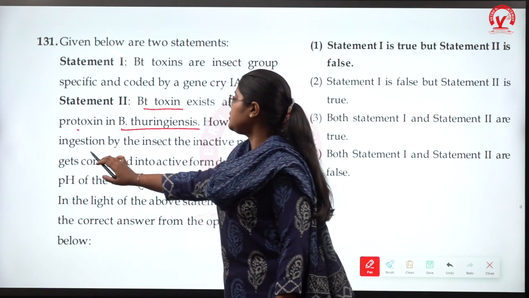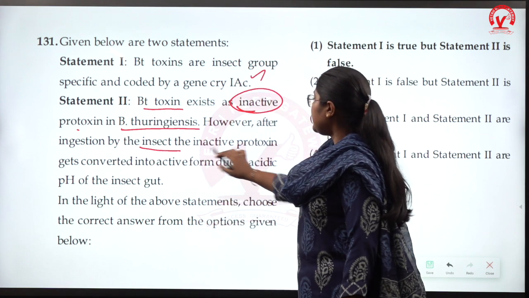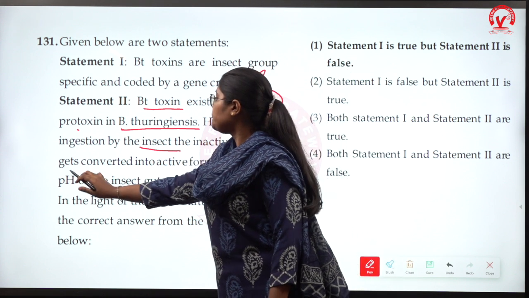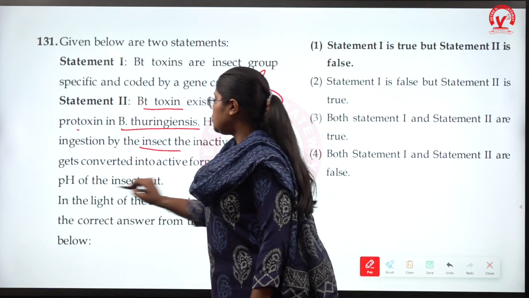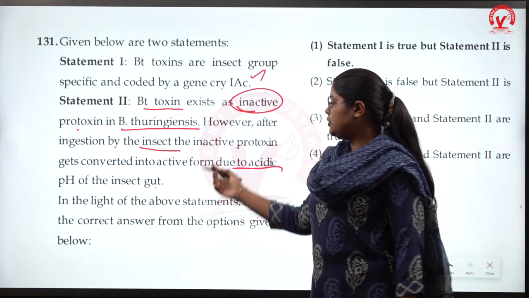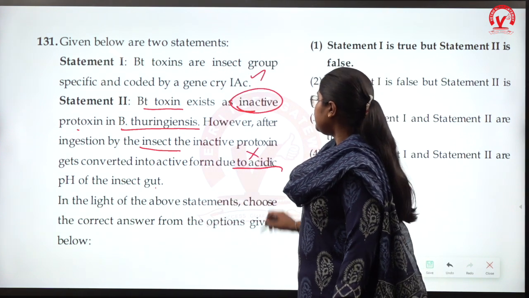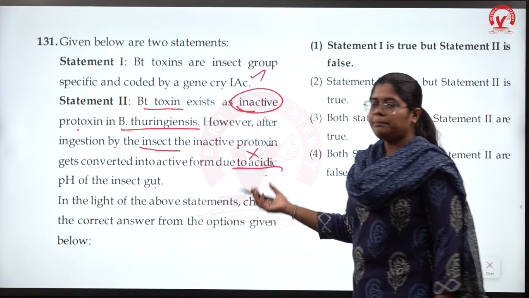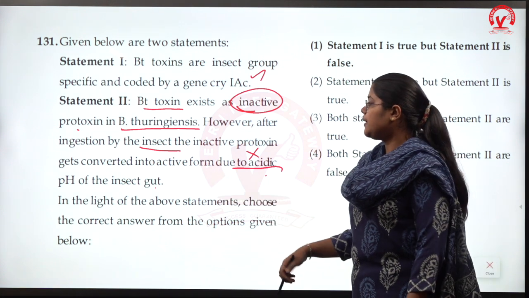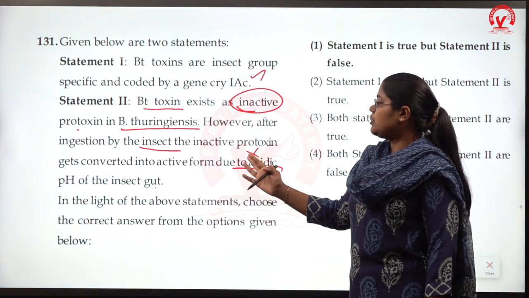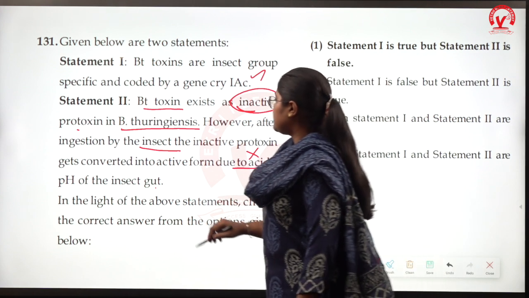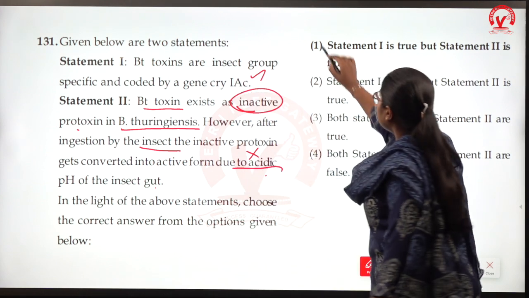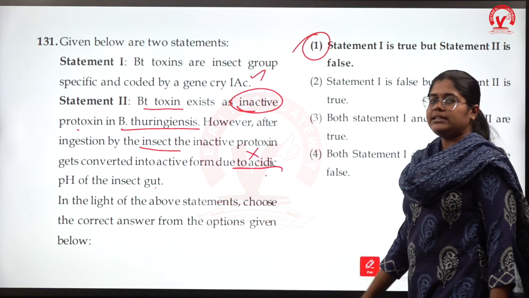However, after ingestion by the insect, inactive protoxin gets converted into active form due to acid pH of the insect gut, they have given. This is an incorrect statement because the alkaline pH of the insect gut converts the inactive protoxin into active toxin. So the first statement is correct and the second statement is incorrect.